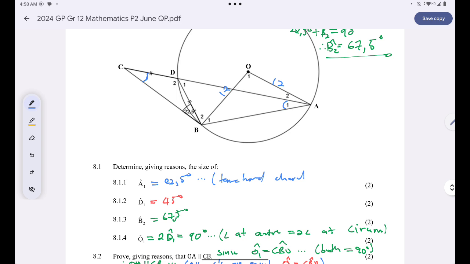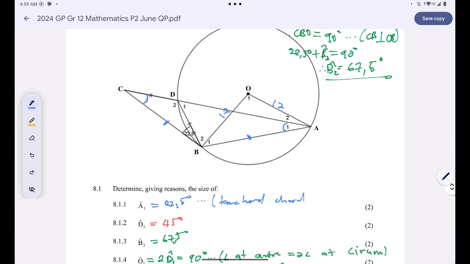Because both of them are equal to 22.5 degrees. So it simply means that triangle ABC is an isosceles triangle. So this side will be equal to this one. Are you together? So if I can find the length of AB, that length will be the same as the length of BC. How can I find the length of AB?